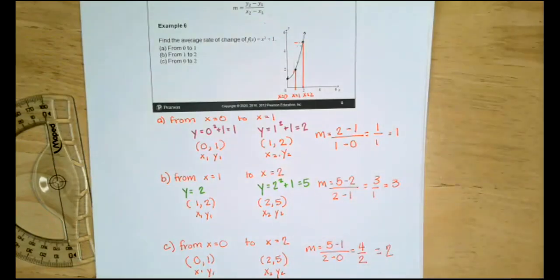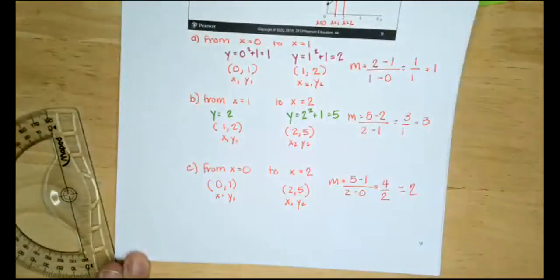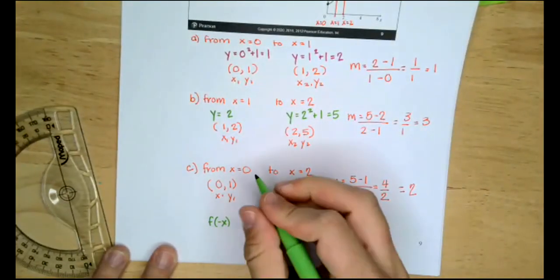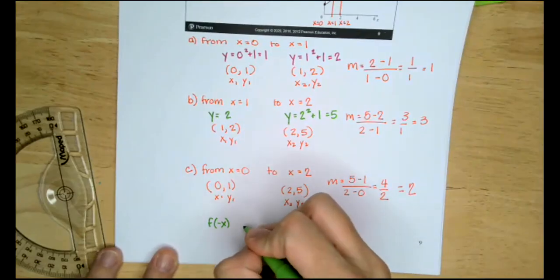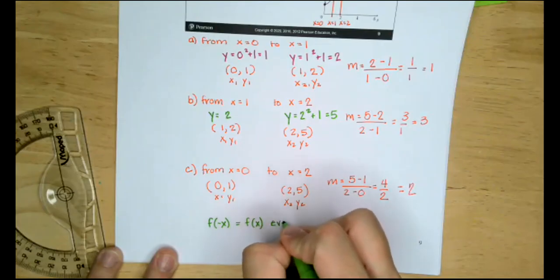We now know how to answer, is a graph even, odd, or neither, based on its symmetry if I just looked at the graph, and also based on changing f of negative x and simplifying and saying, is it like f of x? Then it's even.